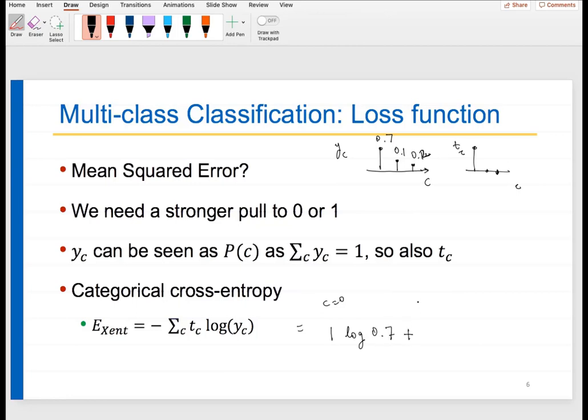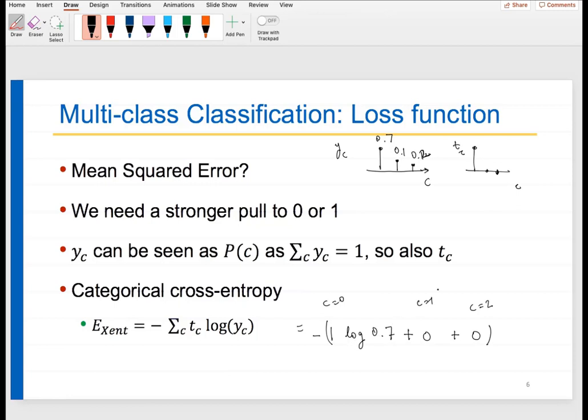For C equal to 1, what is my TC? 0. For C equal to 2, what is my TC? 0. So my cross entropy error, with a negative sign, will look something like this. It is log of 0.7, right?